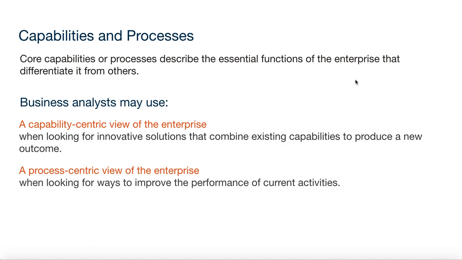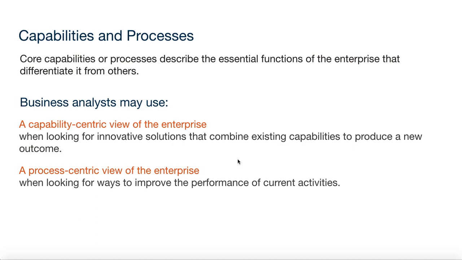When you look into the capabilities and processes, business analysts generally use two views. One is a capability view and another is a process centric view. The capability view of an enterprise can be used when looking for innovative solutions that combine existing capabilities to produce a new outcome.